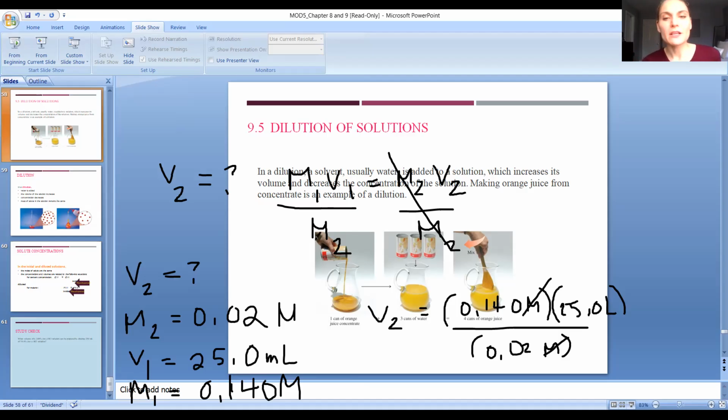What is the new V2 when you total up these numbers? 175. And that's in milliliters. So that's saying you had to add 150 milliliters of water to go from this 14% to 2% concentration, to make it less concentrated and more dilute.